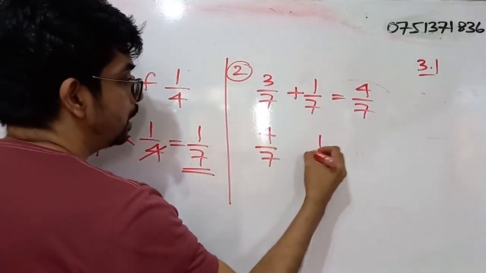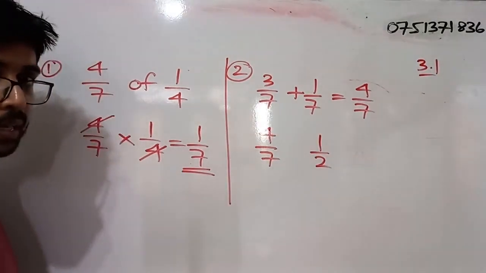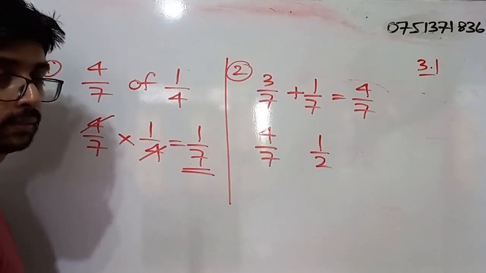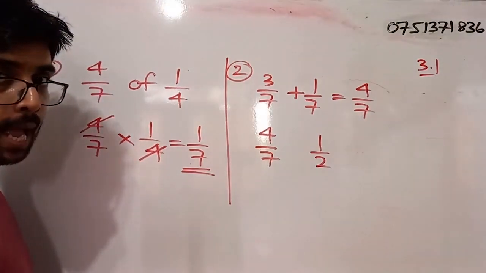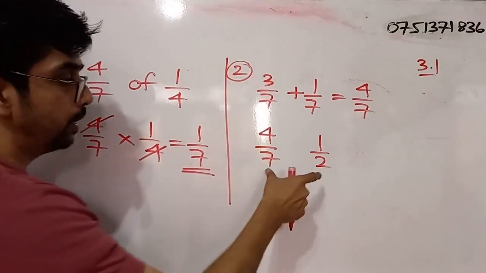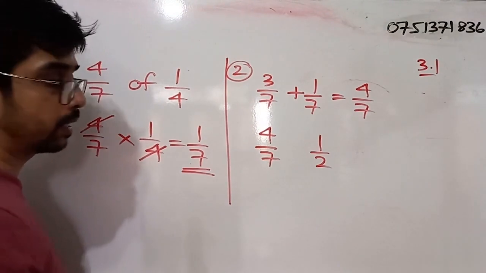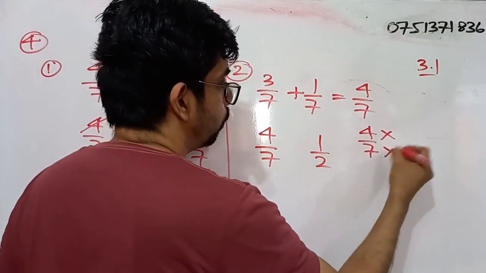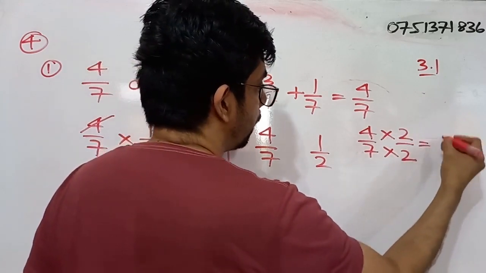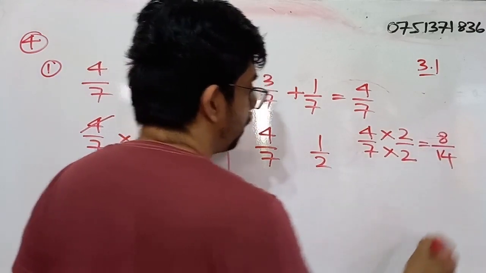Then what do we have to do? We have to compare these fractions. Which one is larger? Right? To do that, we have to come up with the what? Common denominator. So between these two numbers, the common denominator is what? 14. So 4 by 7, I have to multiply the numerator by 2 and the denominator by 2. So I get 8 by 14.